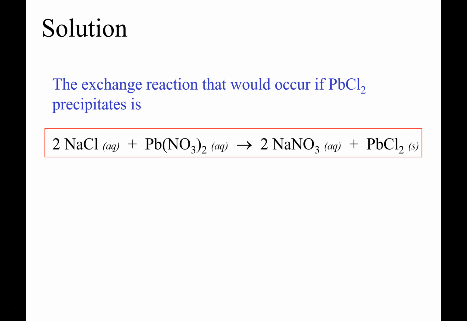And for sure, I would put an S next to the PbCl2. I might be sloppy and not put my AQs, but I'm definitely going to put an S next to the PbCl2. So be able to write that balanced equation.